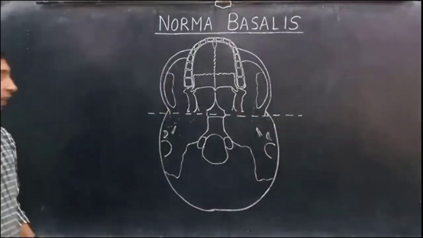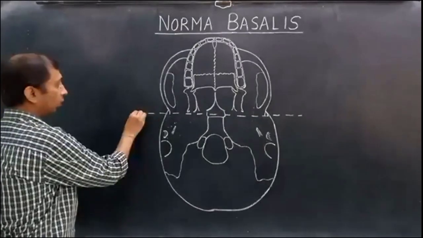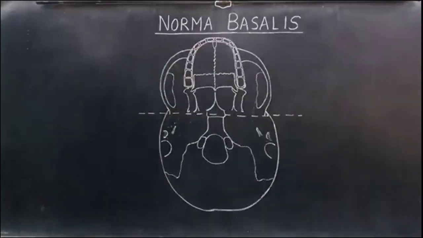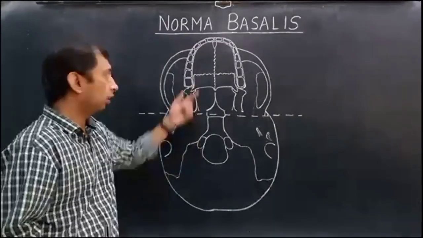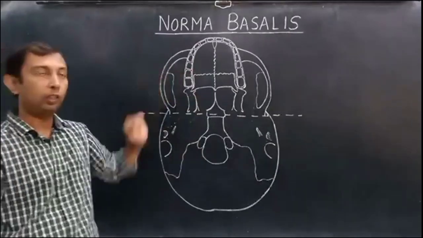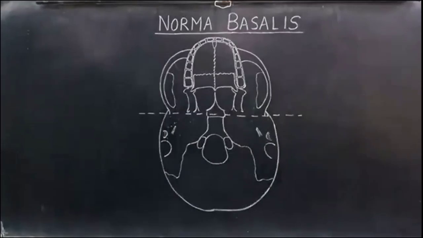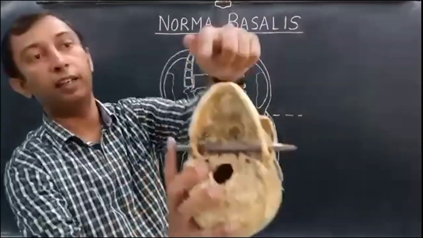Everything anterior to this line is the anterior part of the Norma Basalis. So we will start off looking at the anterior part of the Norma Basalis.